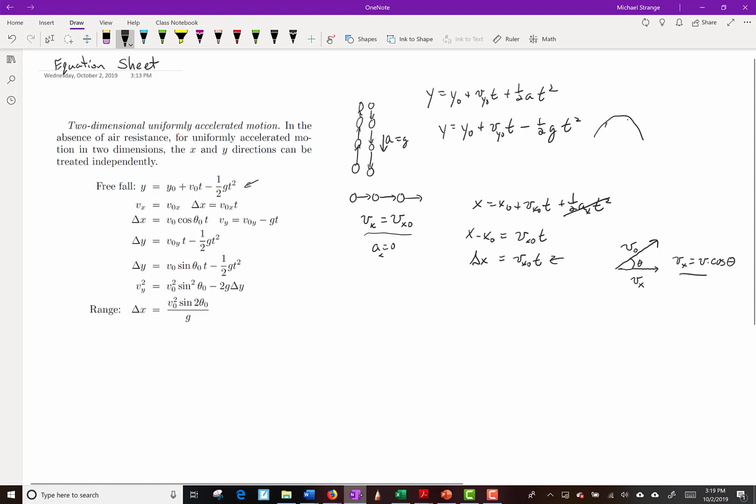And then we take this quantity and we're going to substitute it back in here. So we get the change in position is going to be v cosine theta times t. And that's this equation here.